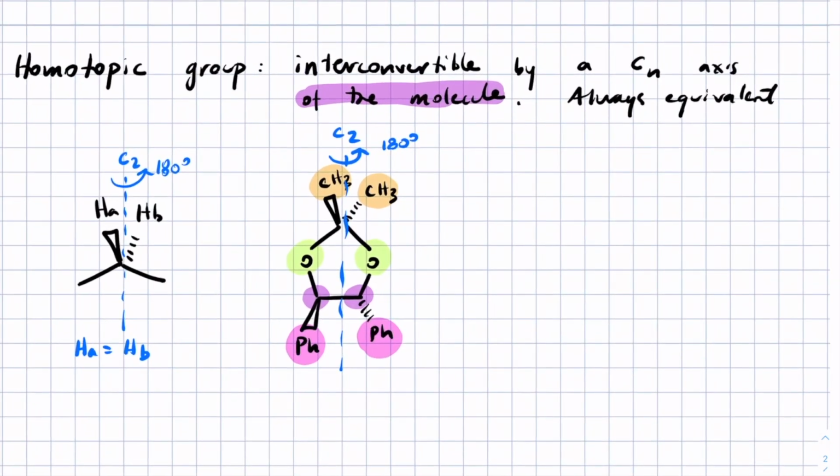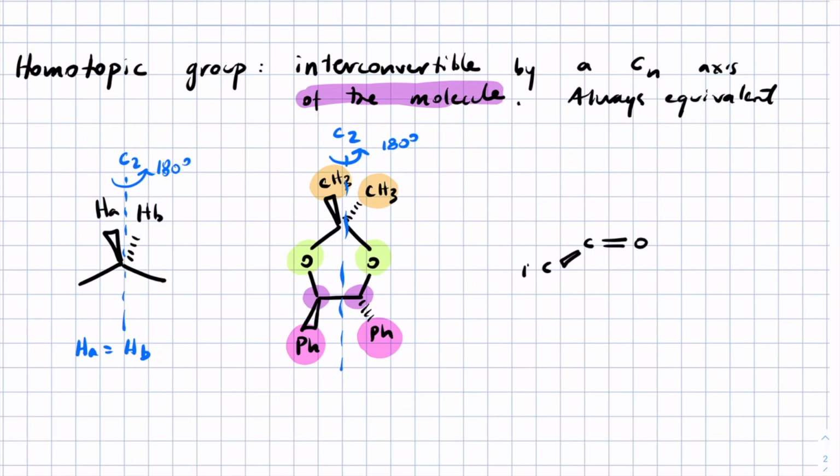We can also talk about homotopicity when it comes to trigonal planar carbons. So here is a ketone, and we can talk about whether the top face or the bottom face of the ketone are the same. Top face, bottom face.